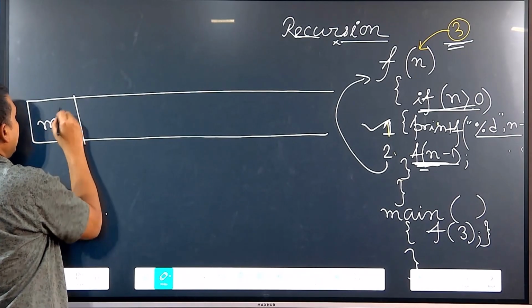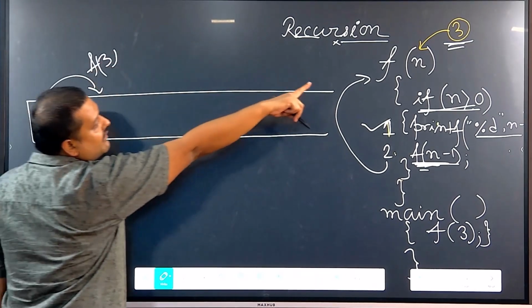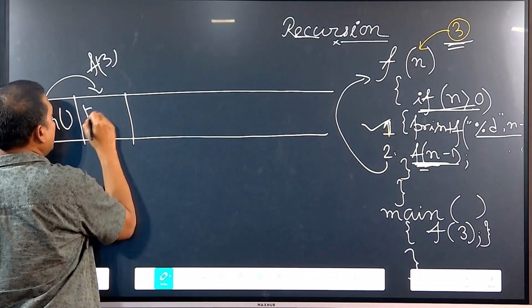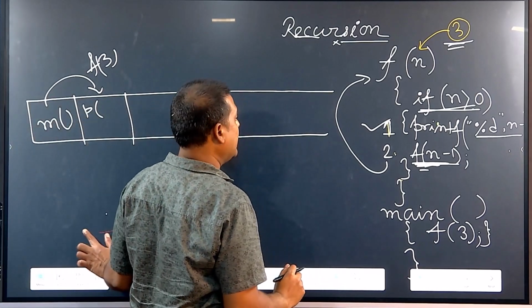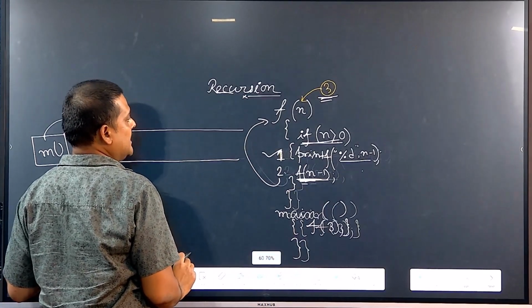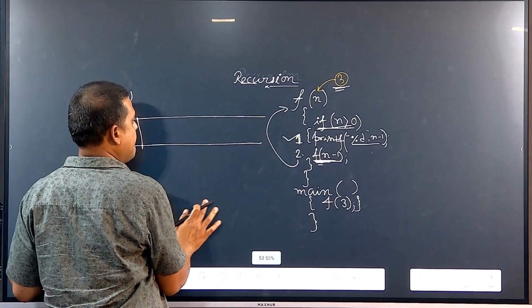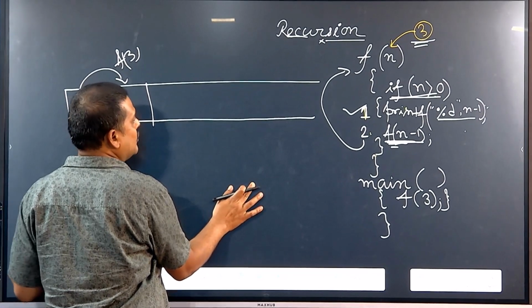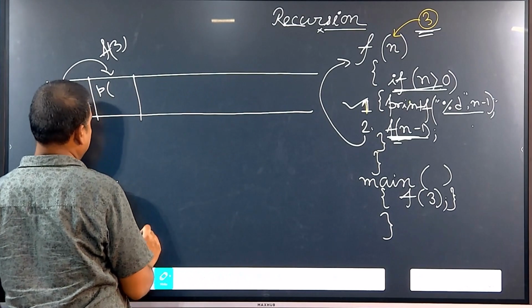main is calling f of 3. When f of 3 is called, there are 2 tasks: printing of n minus 1 and the call of n minus 1.